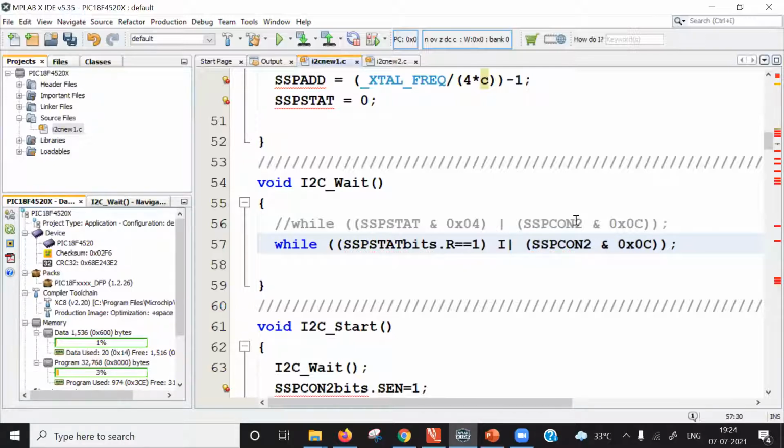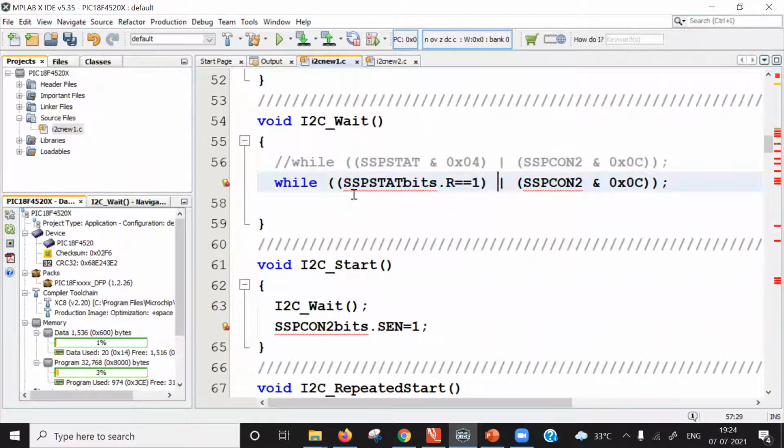I am putting the double bar because it is the correct operation when combining two conditions together. However, the code also works with a single bar, so I will keep it as it is. This way we can check whether we can initiate the next read or write operation, and for that this I2C wait function is used.